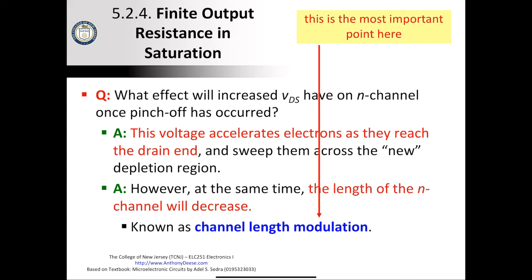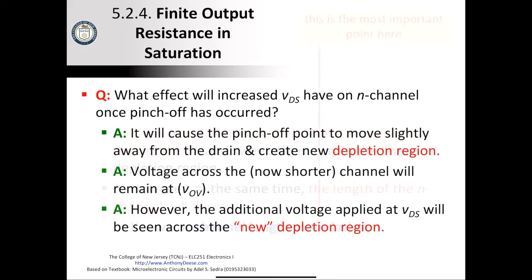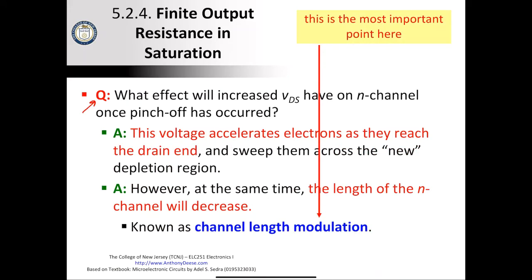This voltage, this is still part of the same question, just more answers to that same question. This voltage accelerates electrons as they reach the drain end and sweeps them across the new depletion region. So again, my drawings are getting poorer and poorer by the moment, but we have a channel that no longer reaches all the way from the drain to the source because pinch-off has occurred, and the new depletion region is right in here.